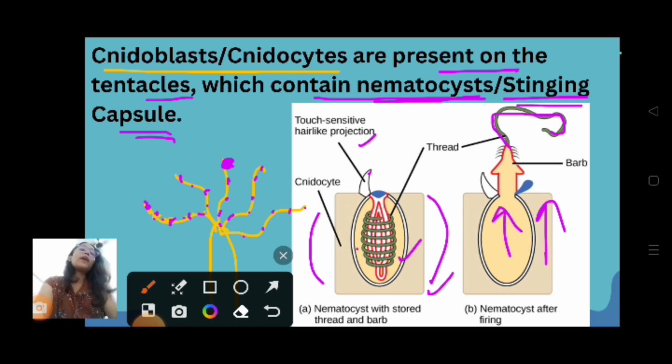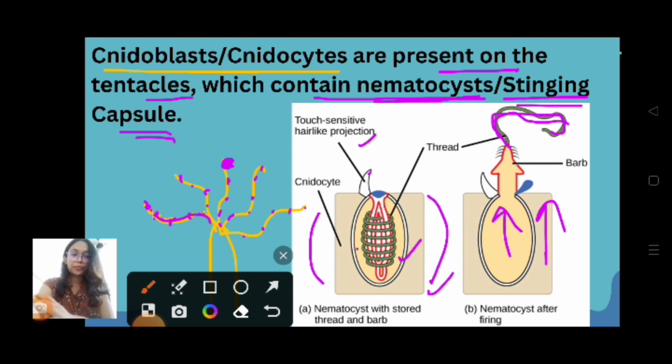That's why it is said that whenever you see a jellyfish, which comes under Coelenterata, you should not touch it, because it will burn your skin. This stinging capsule, there are millions in one tentacle. So whenever you encounter any kind of jellyfish, the skin will be burned.